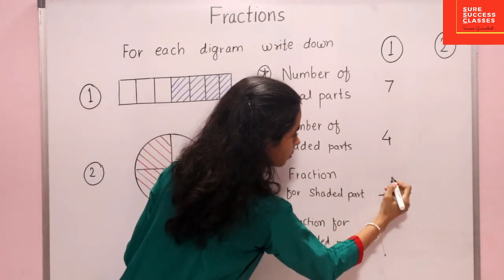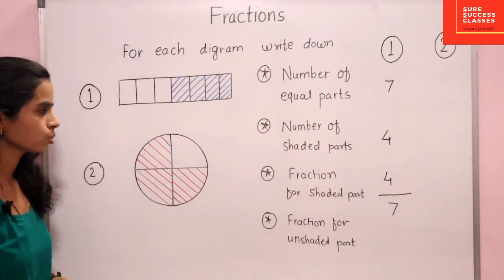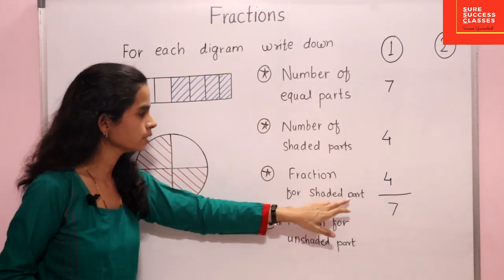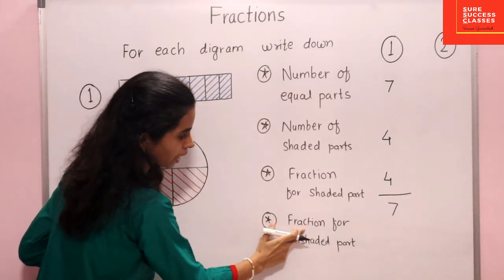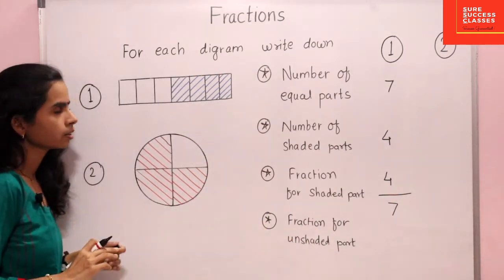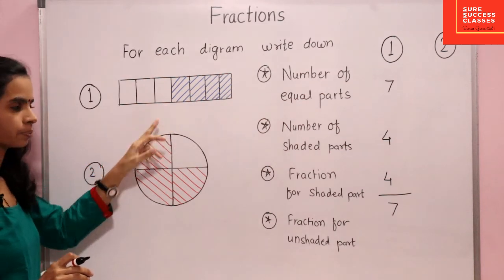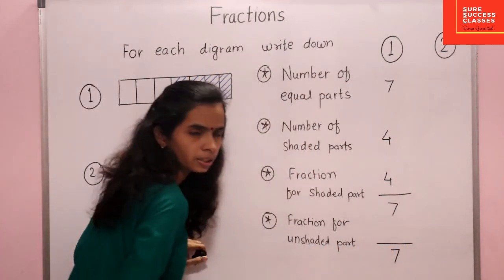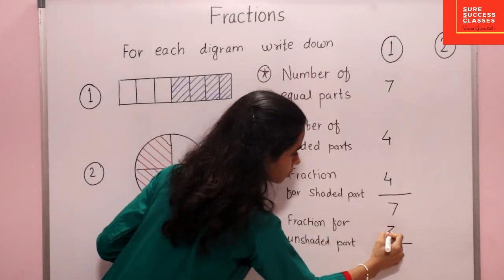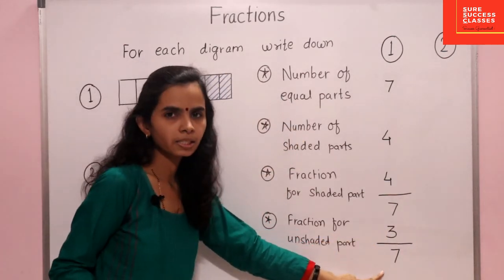Out of these 7 parts, 4 parts are shaded. So the fraction for shaded part is 4 by 7. And next is fraction for unshaded part. Unshaded parts are 1, 2, 3. Out of 7 parts, 3 parts are unshaded. So the fraction for that is 3 by 7.